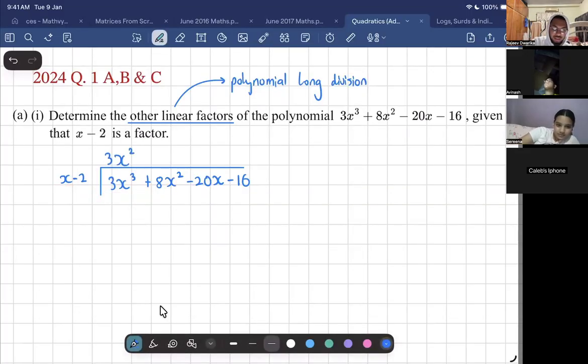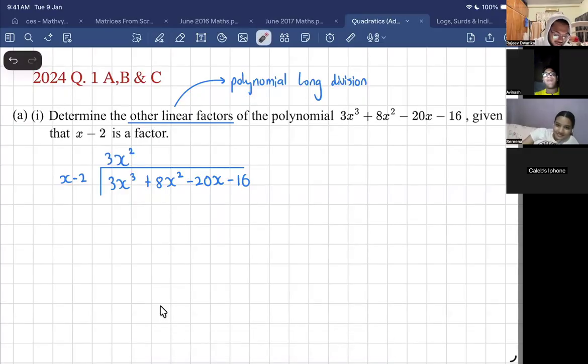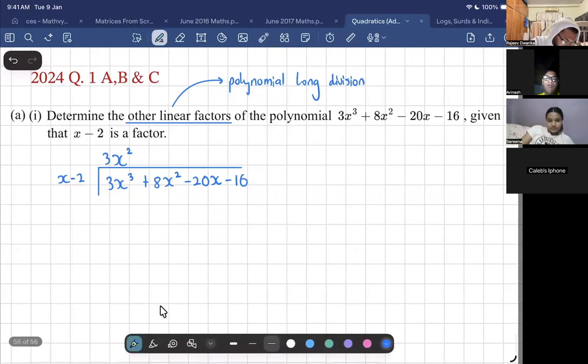Avinash, I want you to multiply everything here by 3x squared. What is 3x squared by x? 3x cubed. Right? What is 3x squared by minus 2?